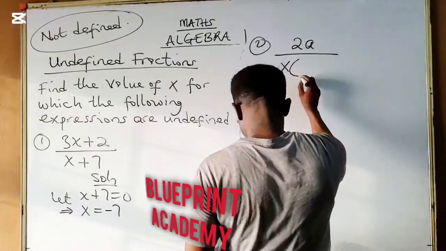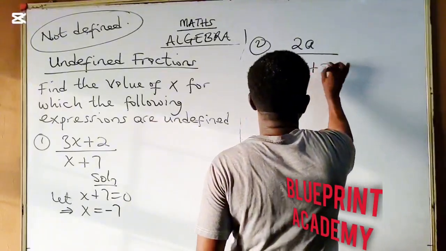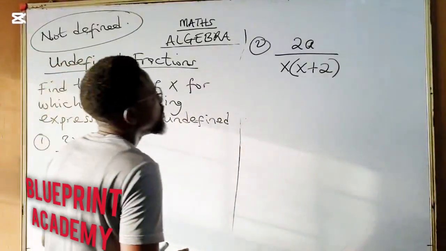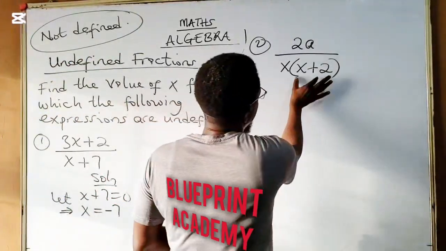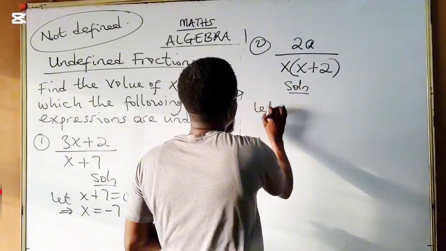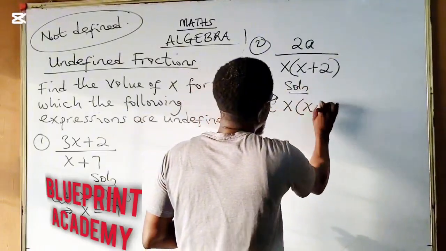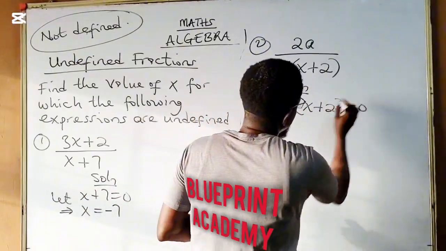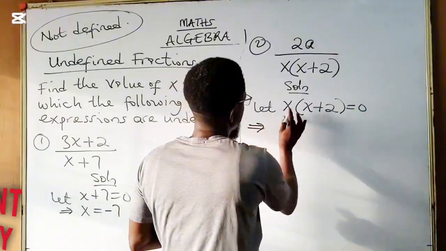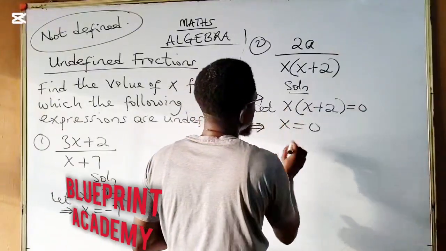So let's look at this one. We have x into x plus 2. Now for this one to be undefined, I equate the denominator to 0. So x first will be equal to 0.